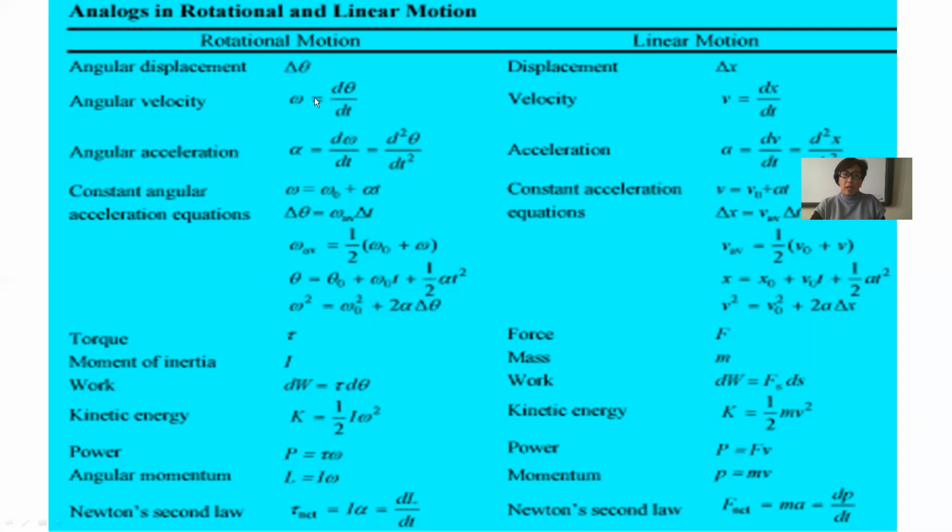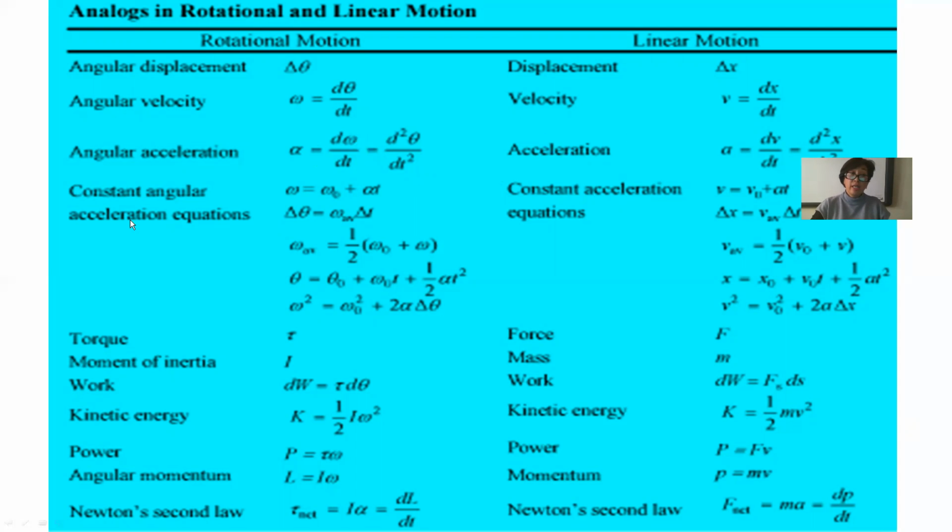Angular velocity is the first derivative of the angle with respect to time. The analogy is linear, instantaneous velocity, which is the first derivative of position with respect to time. Angular acceleration is the first derivative of angular velocity, or the second derivative of the angle with respect to time. Acceleration is a characteristic of the motion: the first derivative of the velocity, the second derivative of the position.